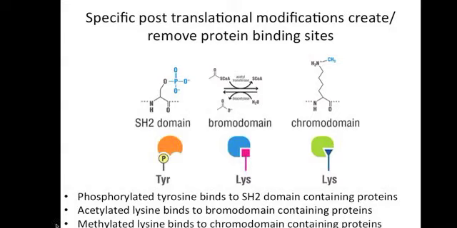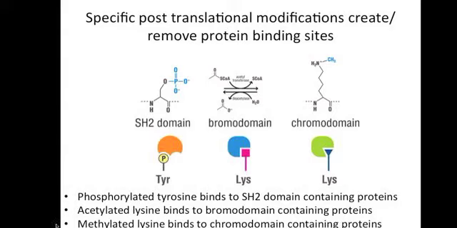Specific post-translational modifications create or remove protein binding sites, depending on the modification and the function of the protein. Take phosphorylated tyrosine. Tyrosine is an amino acid present in a lot of proteins, and it can be phosphorylated. Phosphorylated tyrosines tend to bind to SH2 domain containing proteins, which have a functional unit that likes to bind to phosphotyrosine.